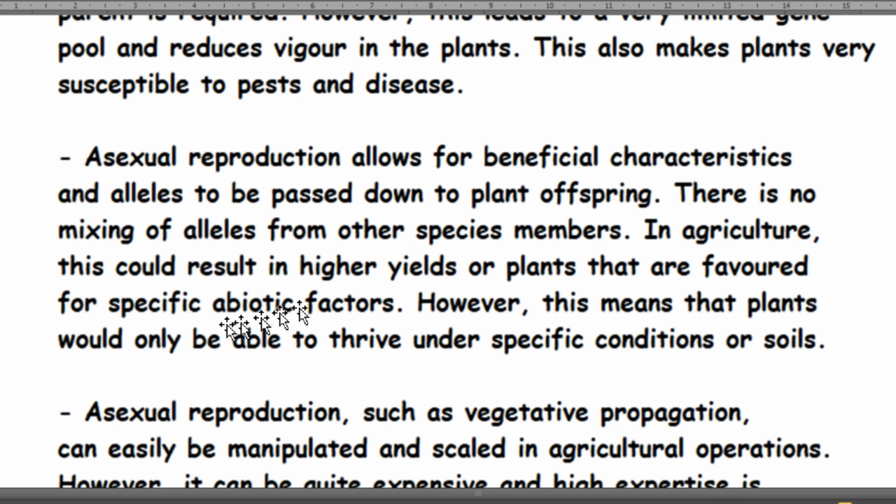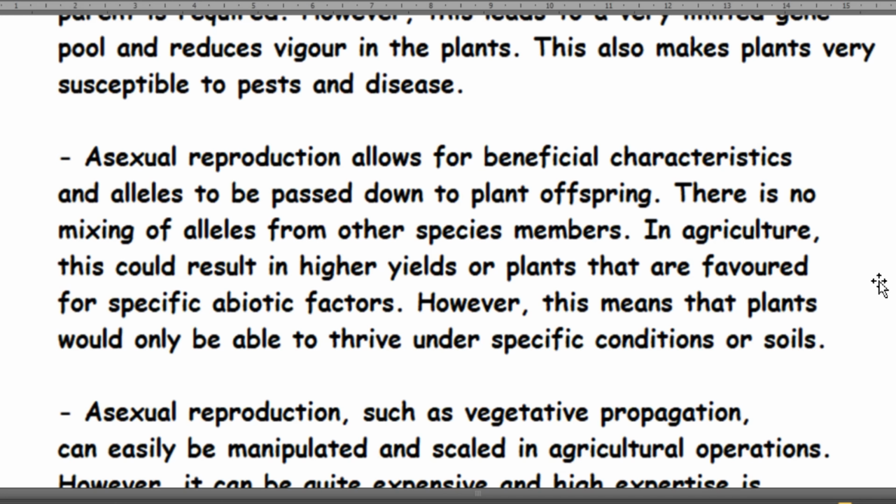However, this means that plants would only be able to thrive under specific conditions or soils. So an example would be, what if you were to make a tissue culture for a plant that would only grow in acidic soil because there's only acidic soil in the area. Well, all of a sudden now if you were to plant it in alkaline soil or neutral soil, it wouldn't be able to thrive as well.